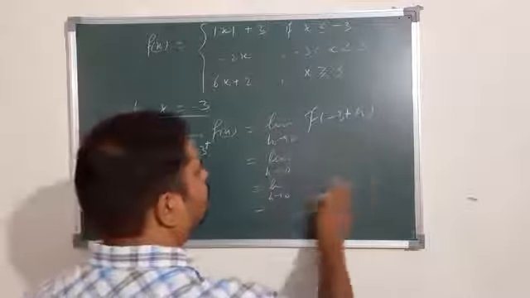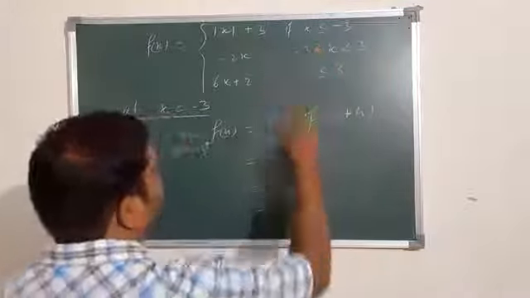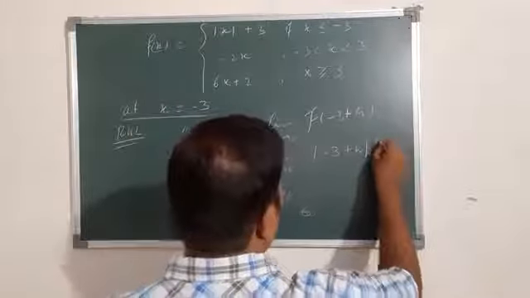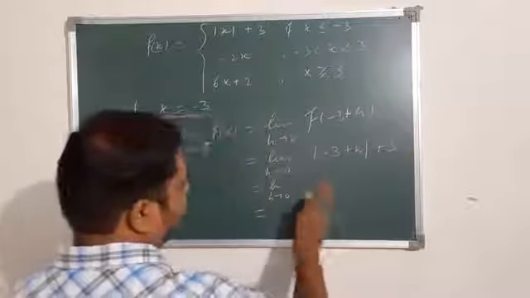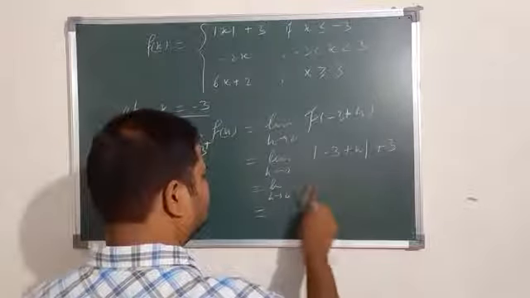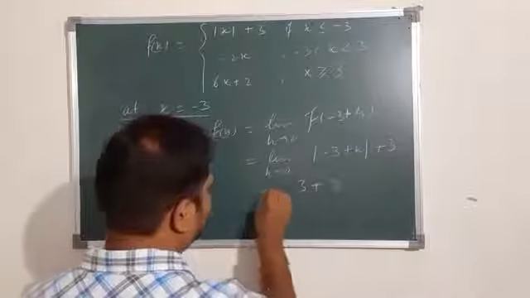So for -3 + h greater than -3, the function is mod of (-3 + h) + 3. If we put h = 0, then it is 3 + 3, and this is nothing but 6.